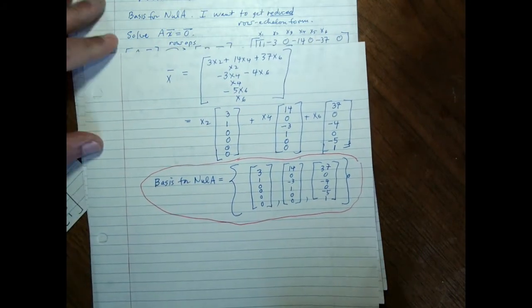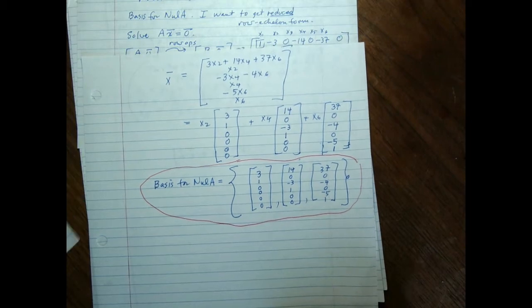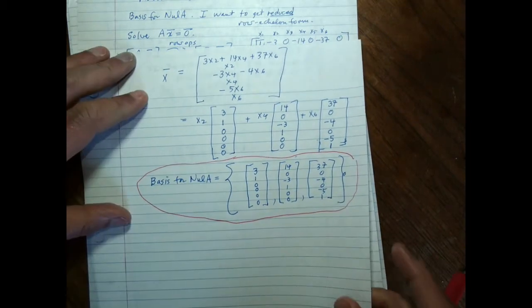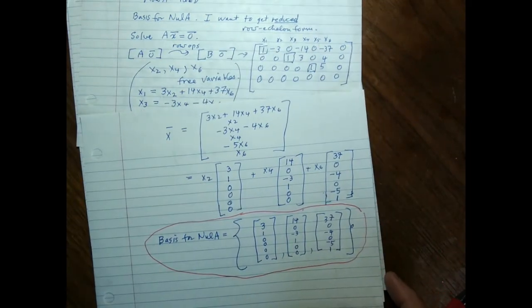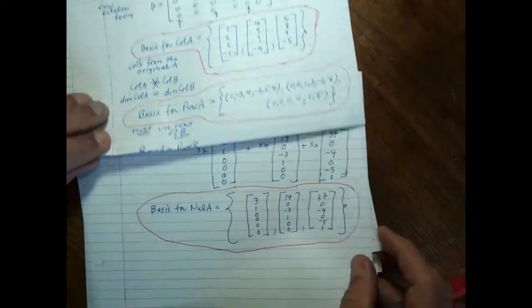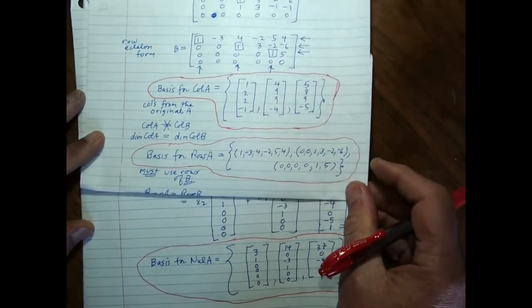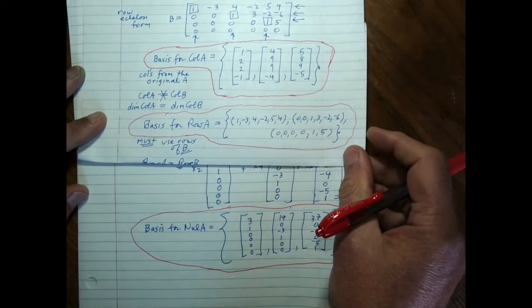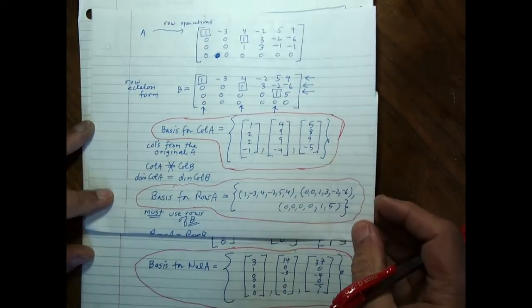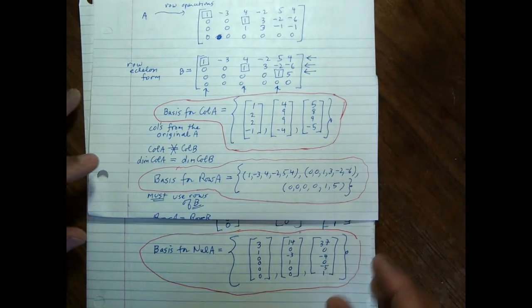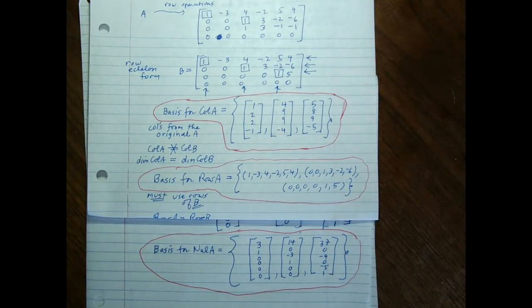So let me see here if I can write this in a way where we can just see all 3 of these at once on the screen. There was our original A. Well, I'm losing that. Let's bring that down. Original A, and we can see the basis for the column space of A, the basis for the row space of A, and the basis for the null space.